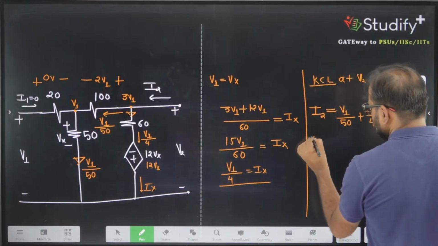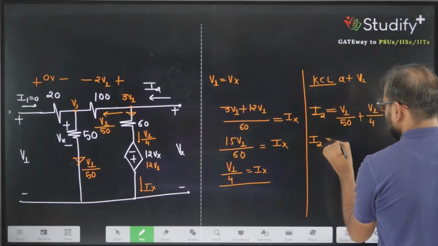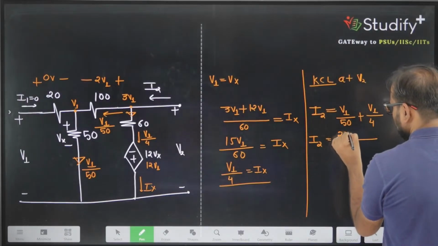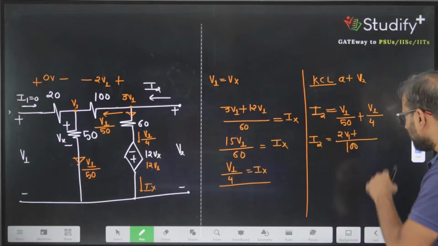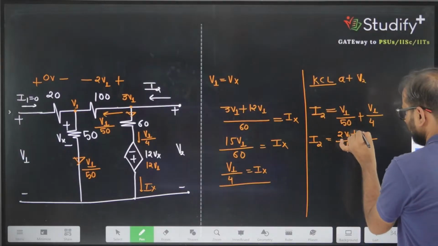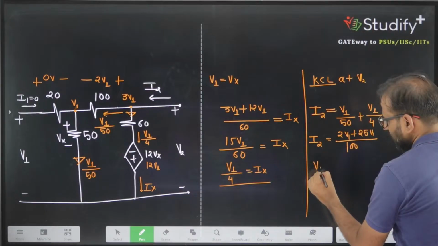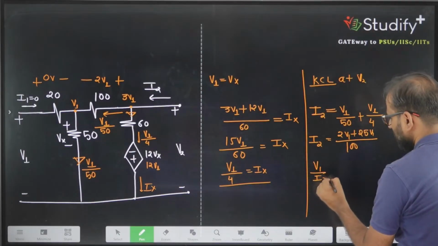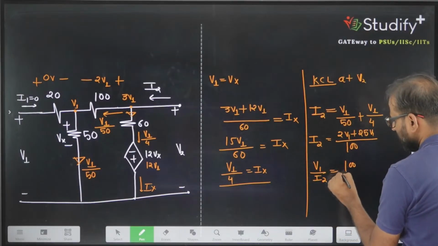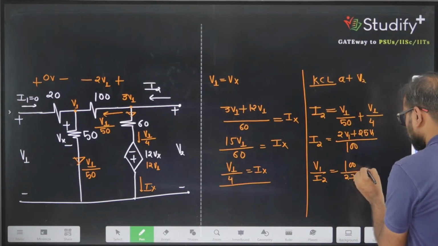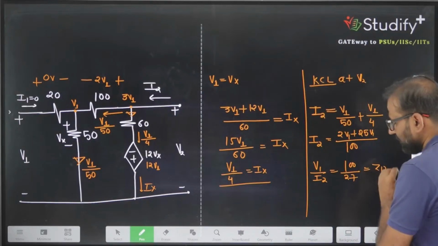I can take the LCM equal to 100. So this is 2V1 plus this value, 25V1. So the V1 divided by I2 ratio is 100 by 27, and this parameter is known as the Z12 parameter.